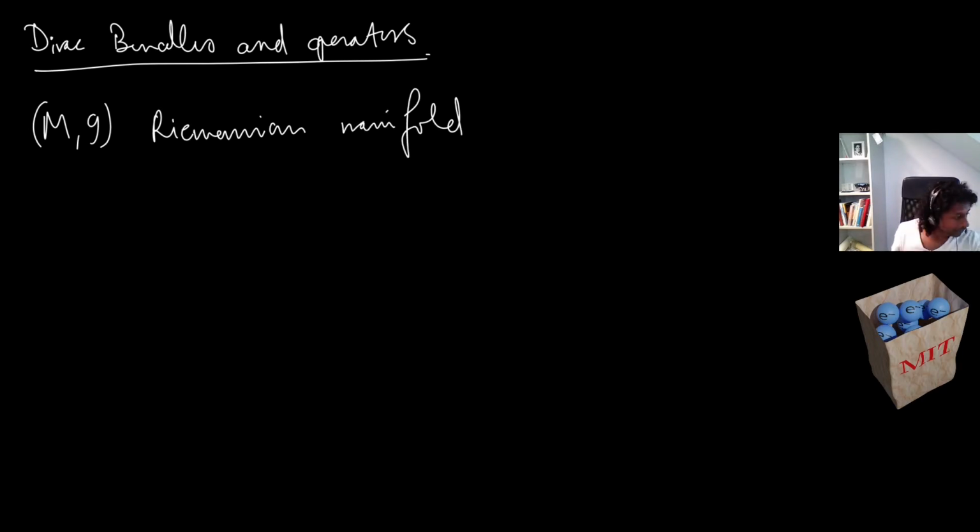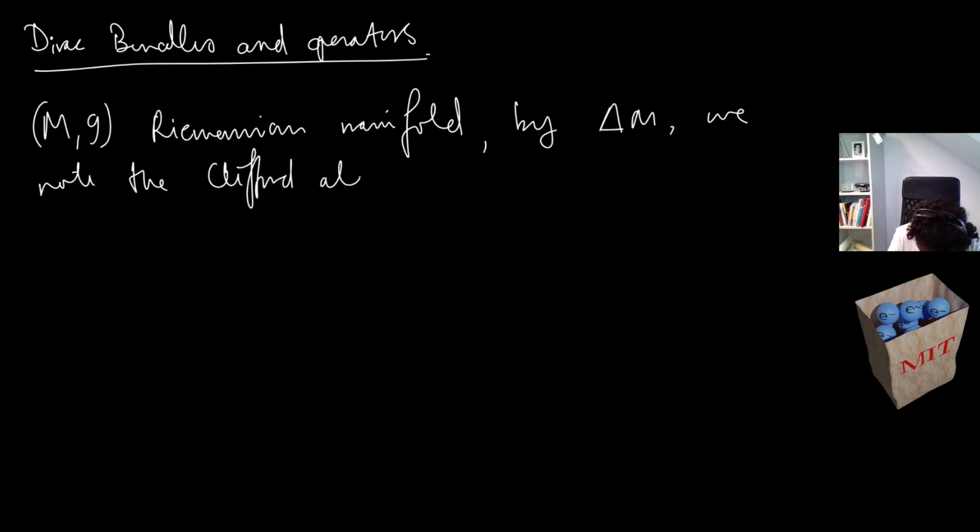Okay. So let's fix (M, g), which for us is a Riemannian manifold. By ΔM we denote the Clifford algebra over the forms. So what is the product, the Clifford product?